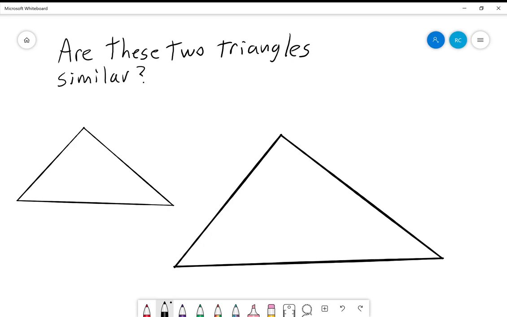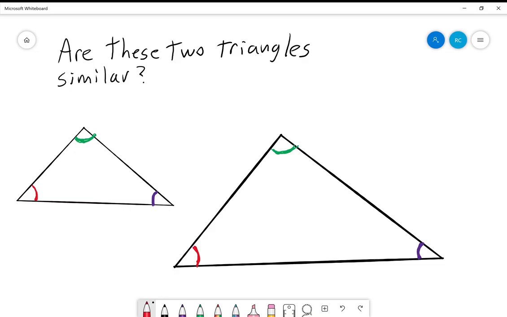Here's the first. If I know that all three angles, which I will be color coding here, from one triangle are congruent to all three angles of the other triangle, well, then I know that the two triangles are similar. They have the same angles, and in a triangle, that's enough.